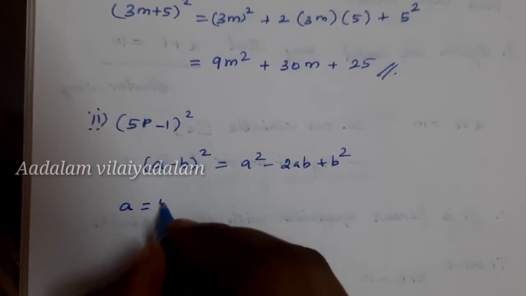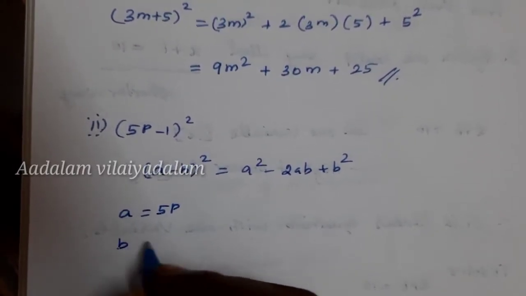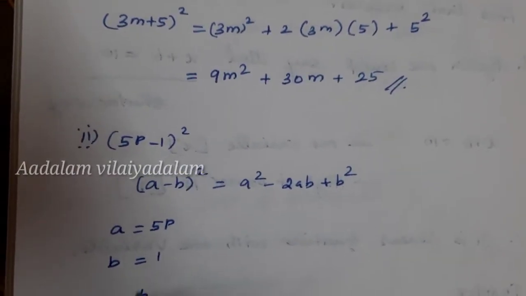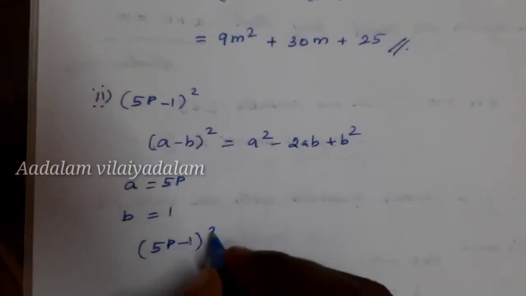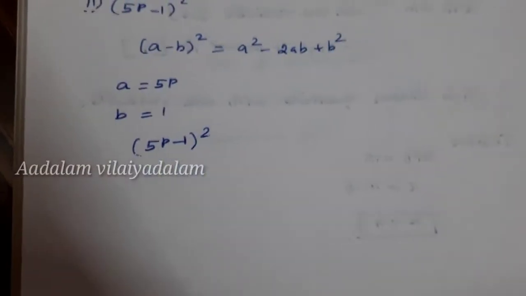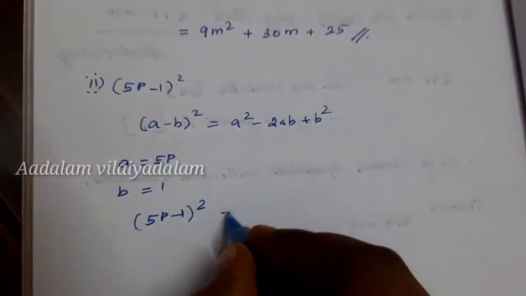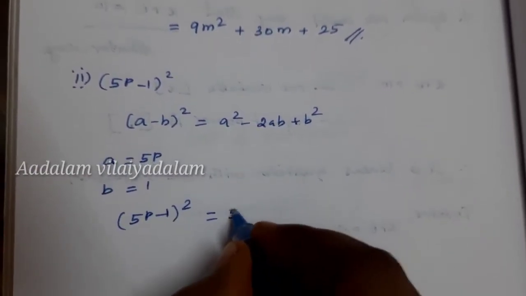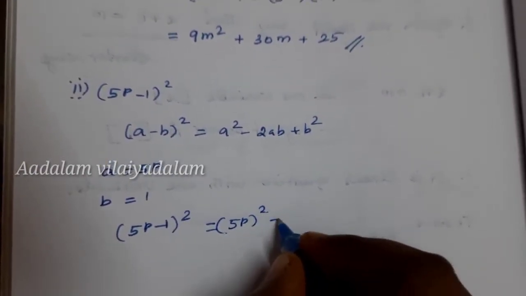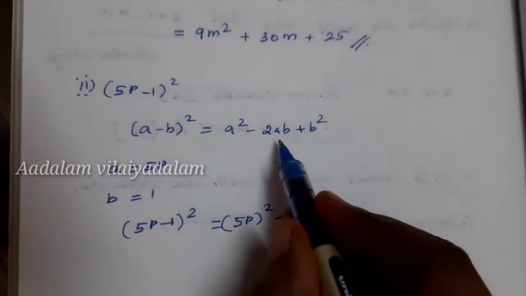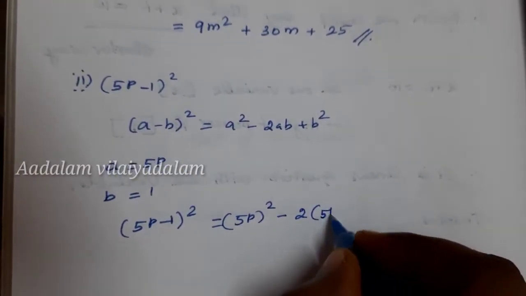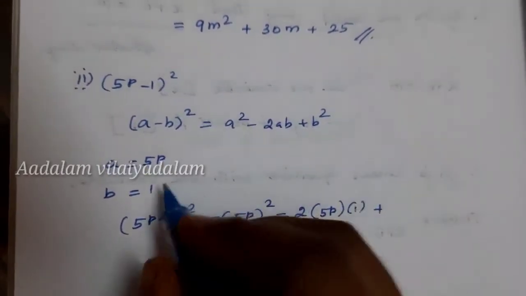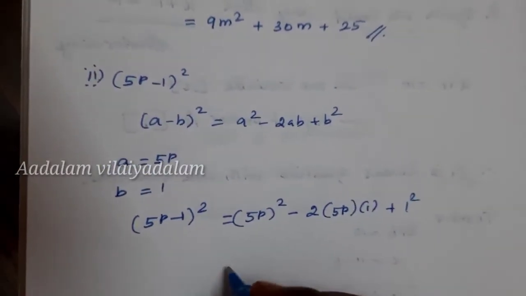So a equal to 5p and b equal to 1. Now substituting these values we get (5p minus 1) the whole square. Therefore instead of a square we can write (5p) the whole square minus 2 into a value is 5p and b value is 1. Then b square, that is 1 square.